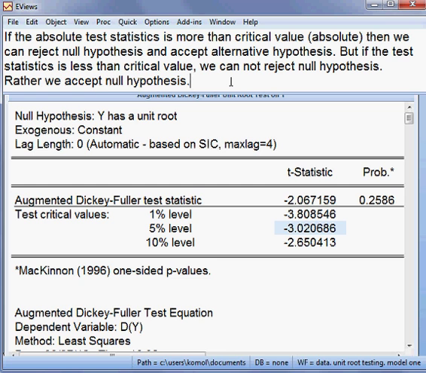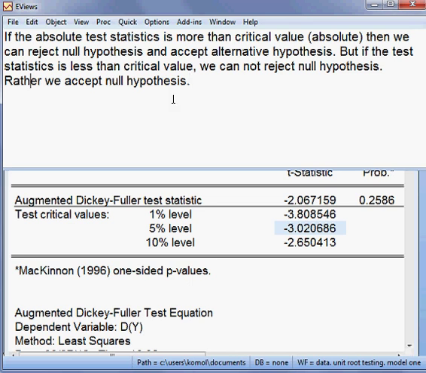Then the question is, what is our null hypothesis? The null is Y has a unit root, meaning that the variable is not stationary.